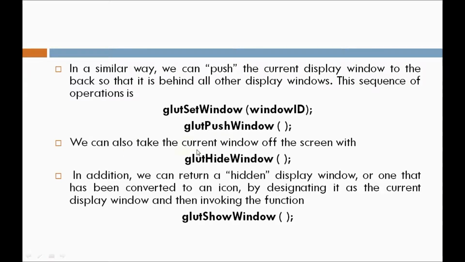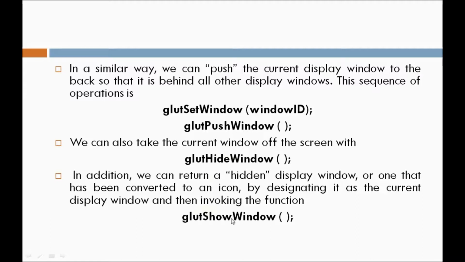Getting it, guys? Now suppose you want to hide the current window, you don't want the window to be seen, you have to hide that window off the screen. So you can use a command to hide the window. Any window you can hide using the glutHideWindow command. Suppose you want to change the settings of that window and see it again, you have to remove that hidden feature.